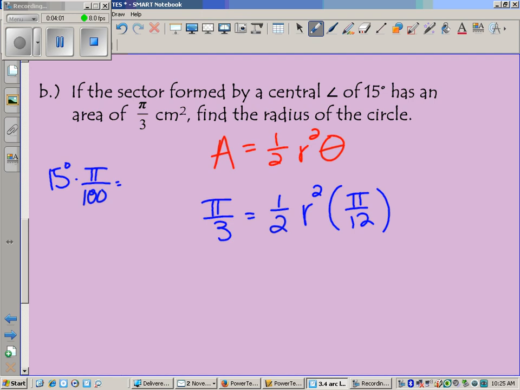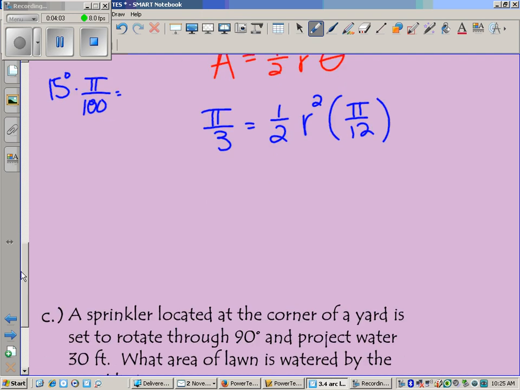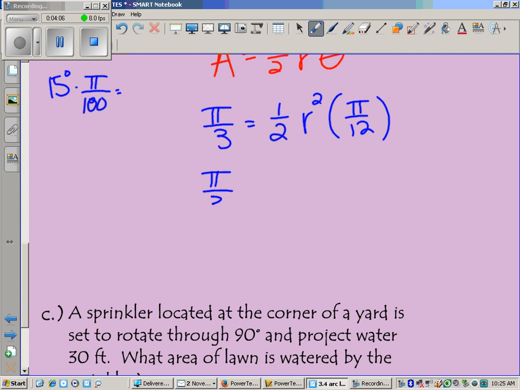We want to get that r by itself. Can I simplify this right side by putting these two fractions together? On top I have 1 times pi, so can I call that just pi? On bottom I have 2 times 12, can I call that 24? Just taking those two fractions and combining them. Can I do that?